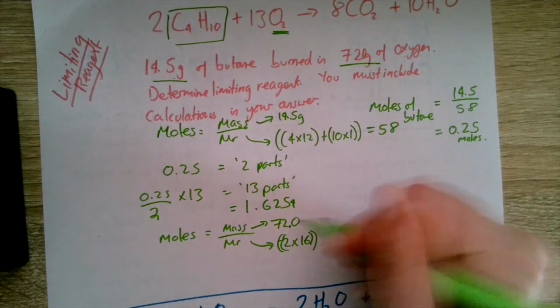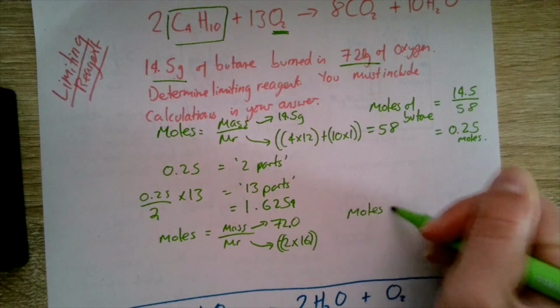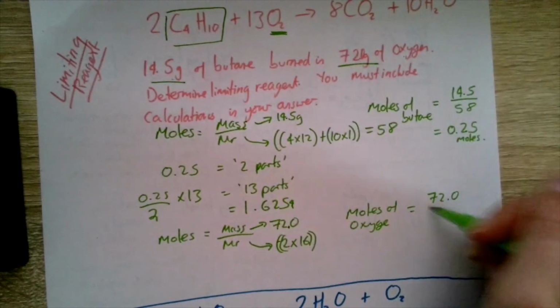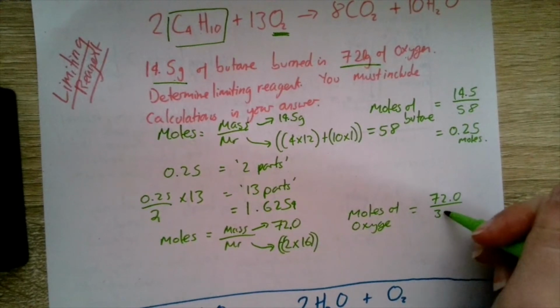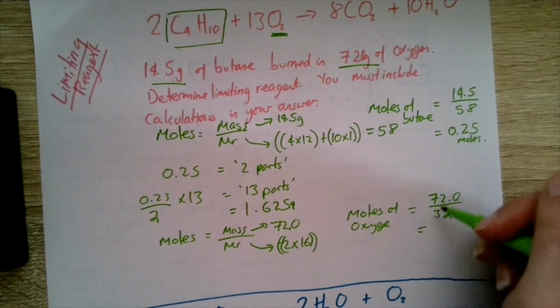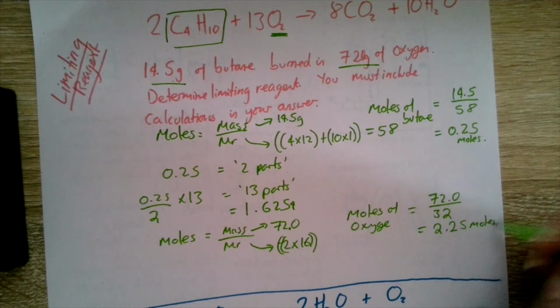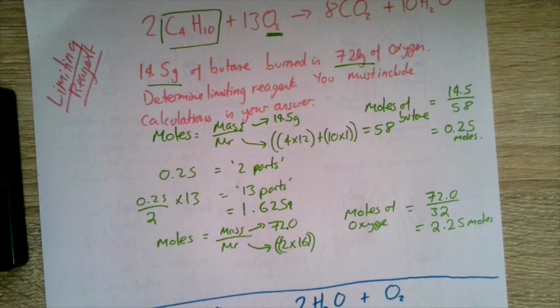So then our moles of oxygen is 72.0 divided by 32, and this comes out at 2.25 moles. So then this is our crucial step here.